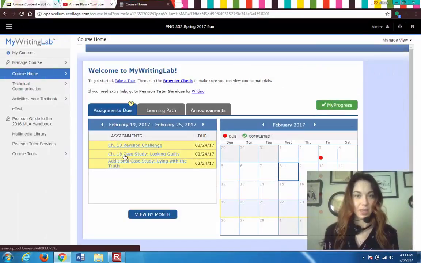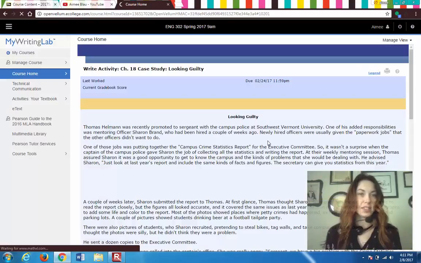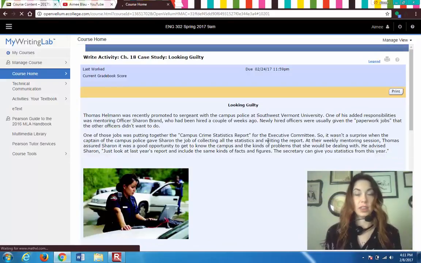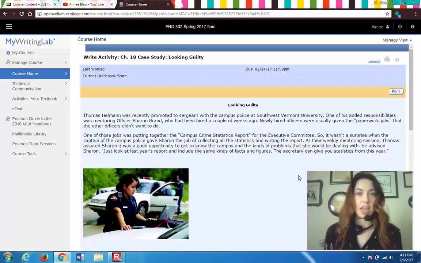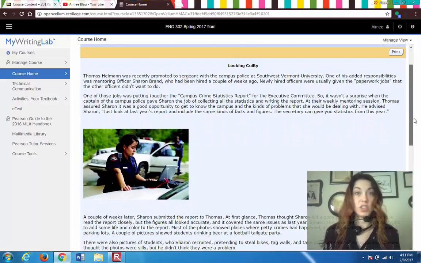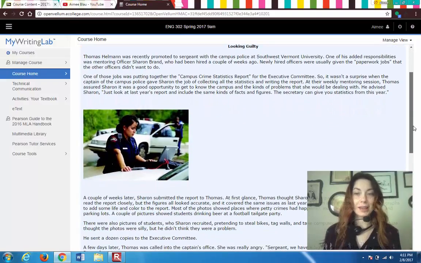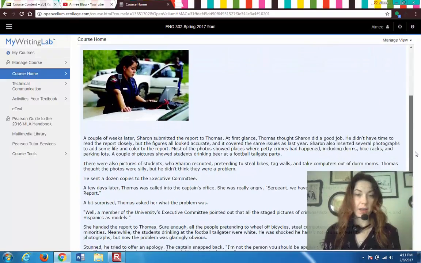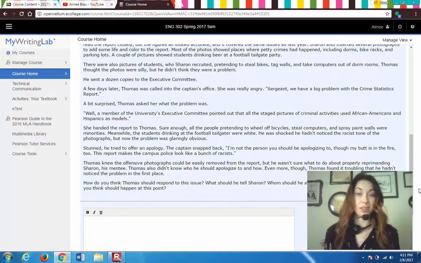Okay? Then we've got 2 case studies that have to do with visuals, which is what we've been learning this week. And this one is about kind of a cross-cultural diversity issue. Someone made a report and they used a bunch of pictures, and the pictures that they chose looked like they were being specifically racist towards a group of people.